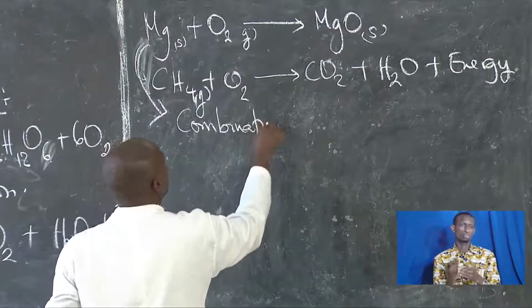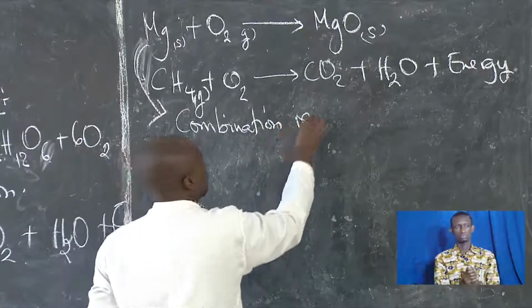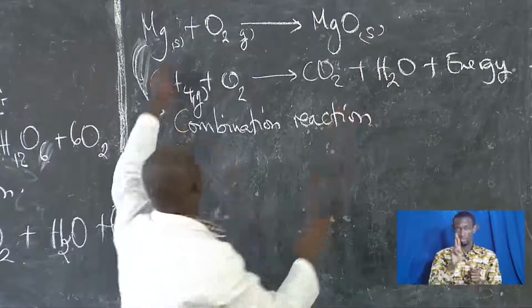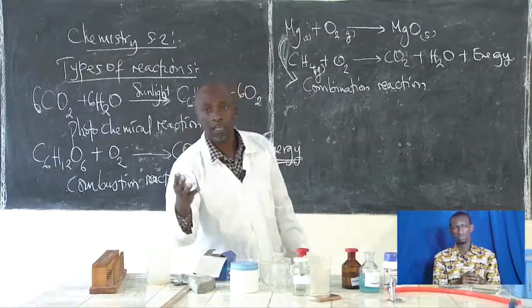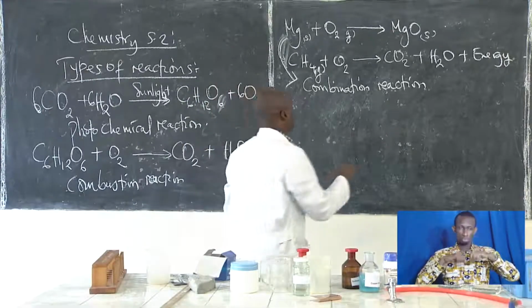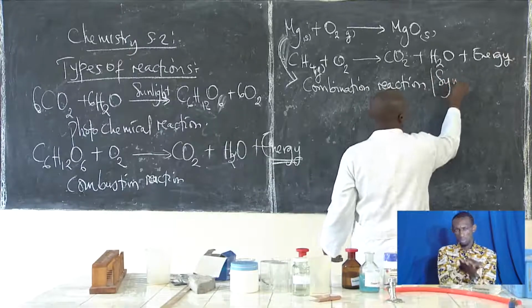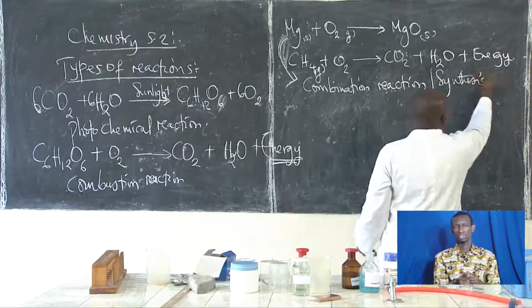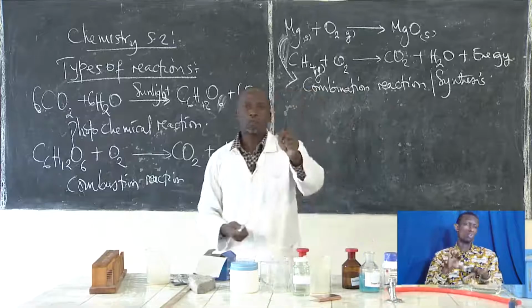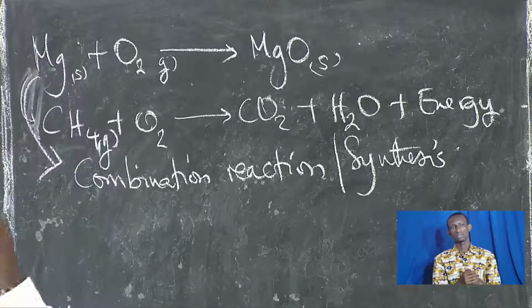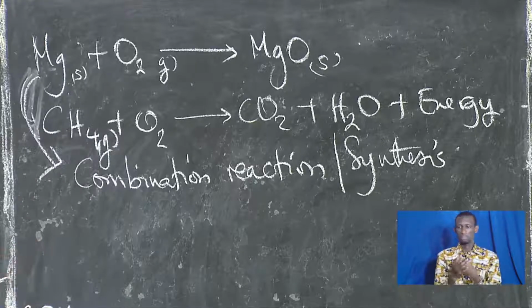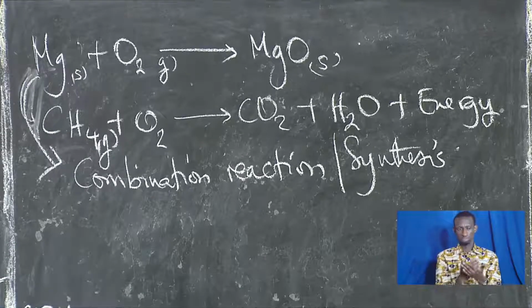This is a combination reaction. So in addition to being combustion, it can as well be a combination reaction or synthesis. A synthesis reaction: one product is synthesized, or made, from its elements in their standard states.